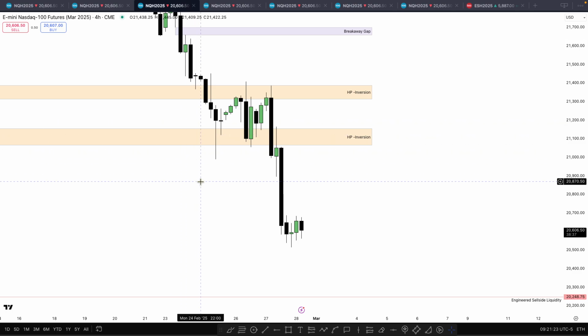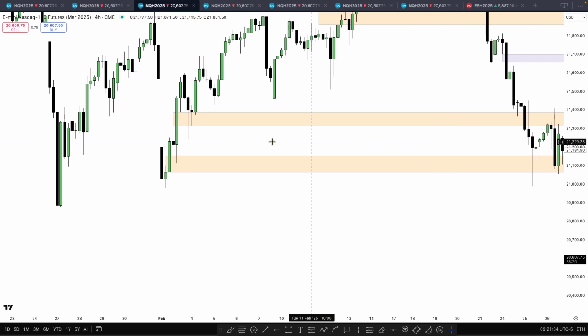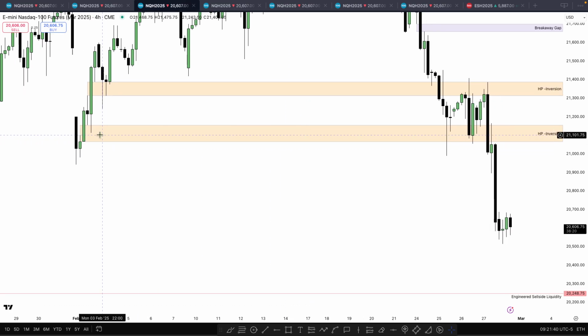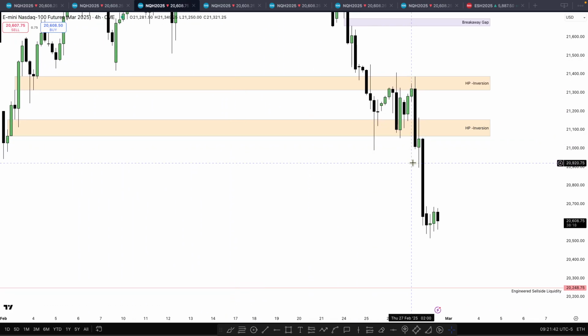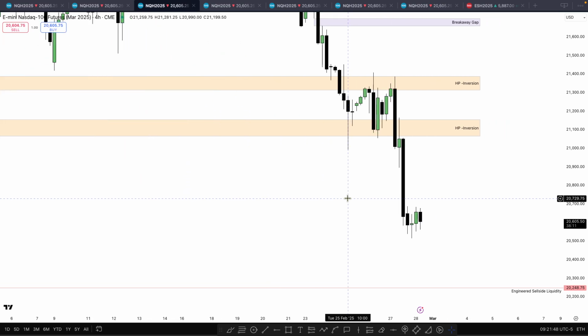Back up to the 4-hour. So this was the BISI we initially mentioned to start the week, and we did see rejection off of it multiple times. Why is this a high probability inversion? Use it to go higher. And then this second one, this lower one from February 3rd, 2 a.m., used to go higher. We mentioned if we get below that, can it send us to this sell side liquidity pool right here, the relative equal lows on the daily?